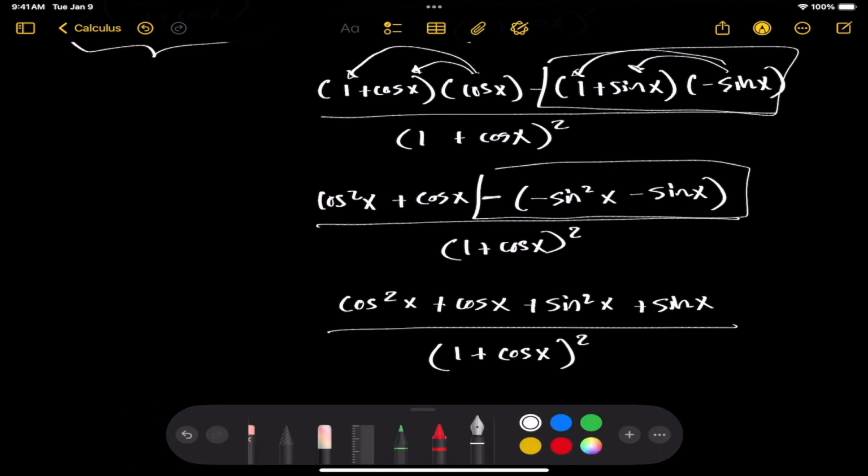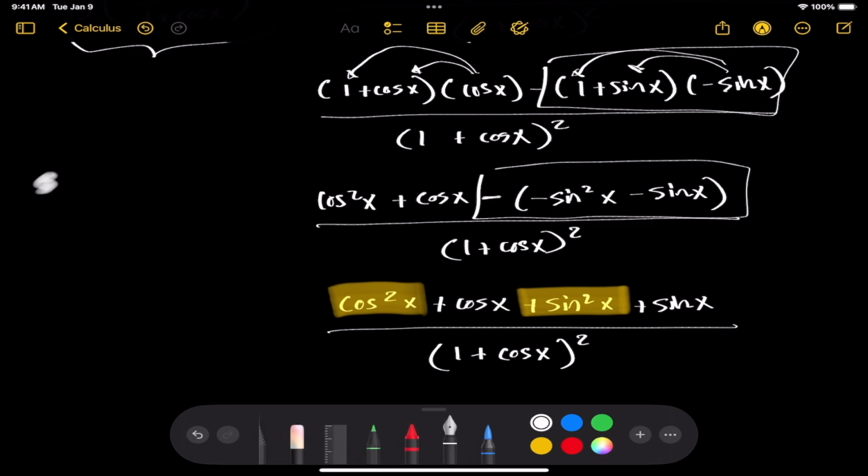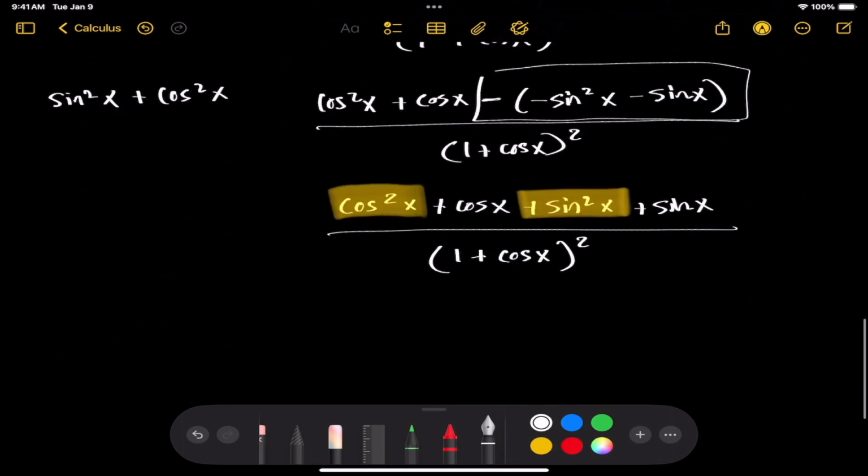Now what we could see here, I'm going to highlight this one. What we could see here is a trigonometric identity. The two terms I just highlighted were sine squared x and cosine squared x. So this sine squared x plus cosine squared x is actually equal to 1.